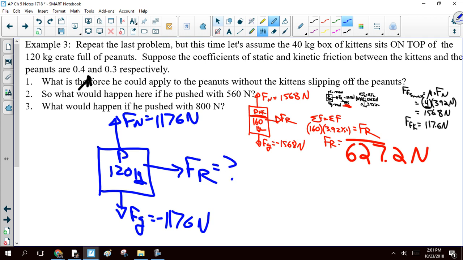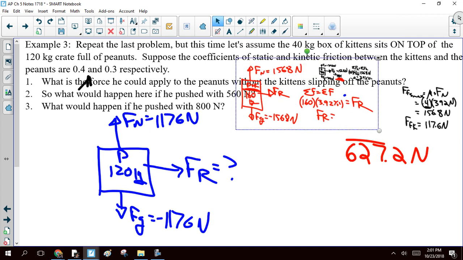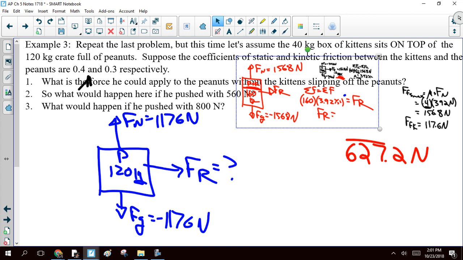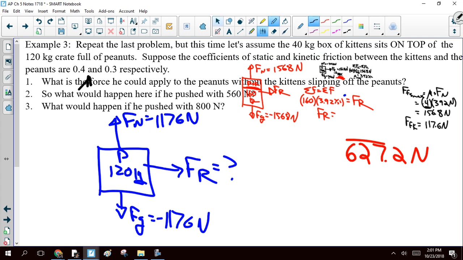Now, what's working against the forward motion? All right, well, here's the weird bit. And unfortunately, I just shrunk this. Hopefully you did not shrink on your paper. So the idea is, what we figured out before was that the force of static friction between the peanuts and the kittens at its maximum was 156.8 newtons, right?